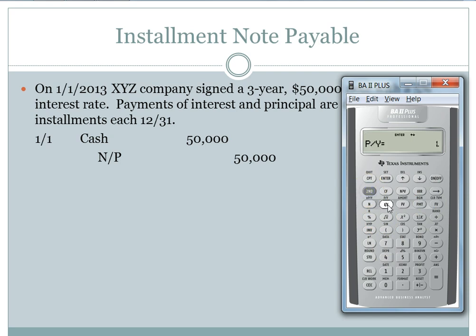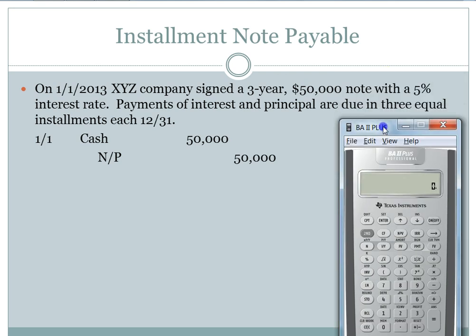And I also need to make sure that my periods per year is equal to 1 again. Remember that with bonds payable, we typically had two periods per year. In installment notes, we could have 1 period per year, we could have 4, it just depends on the terms of the note. In this particular case, we're making equal annual payments.